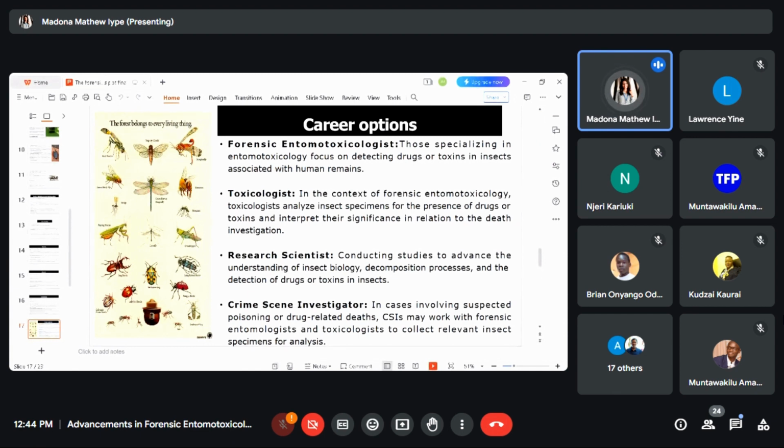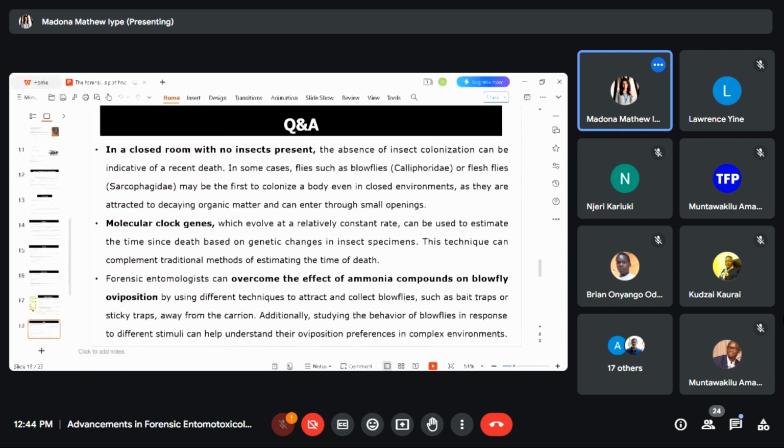So if you have an interest in entomology or entomotoxicology, it will be great if you can solely pursue a career in that direction and not in the broad field. These are very limited options. There are further options as well.